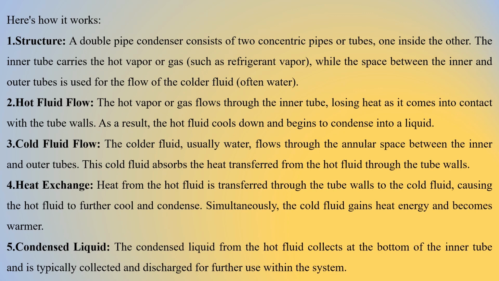Just as we discussed now, the outer surface carries water and the inner surface, that is the tube, carries refrigerant. The working is the same. The vapor is converted into liquid. So let's move on to the next one.